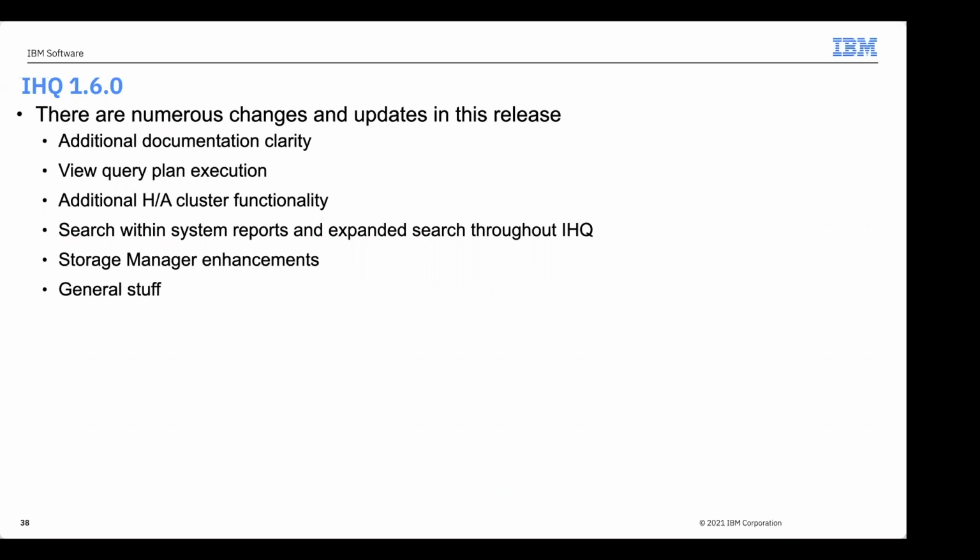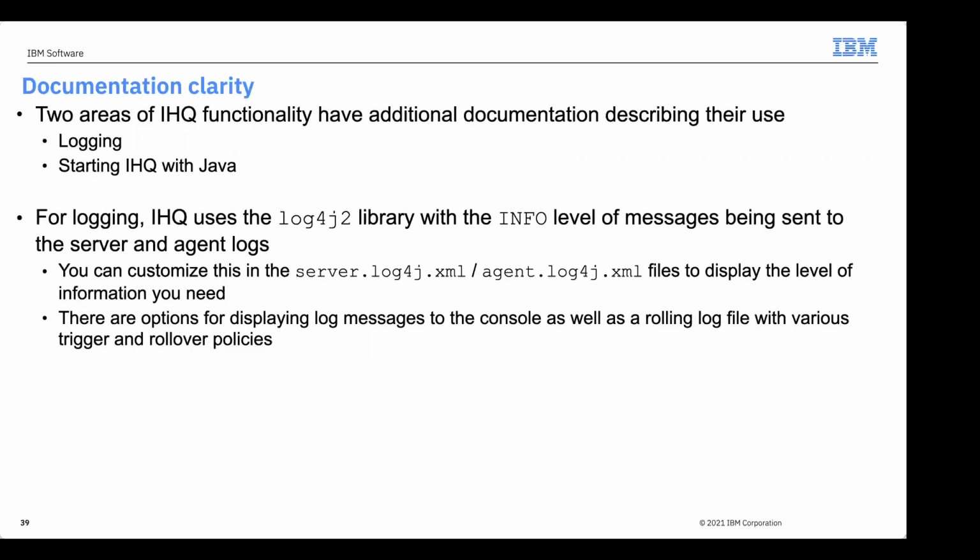We supposedly gave you the ability to look at query plan execution. And as you'll see, I could never get this to work for me, but they say it's in there. And then there were some enhancements to the HA cluster functionality, some search capabilities, and some storage manager enhancements as well. So let's go through each of these in general.